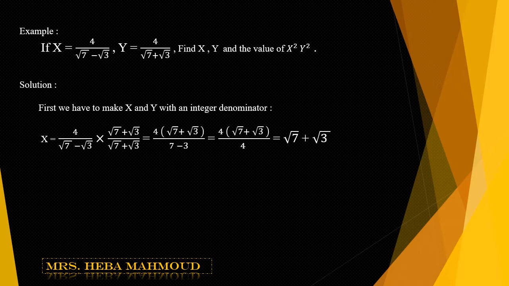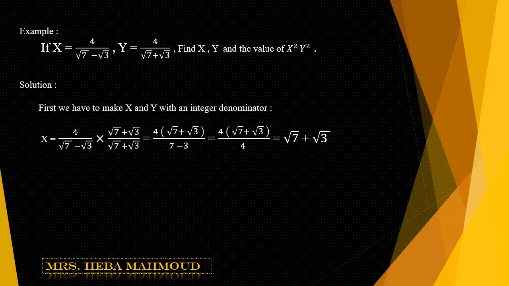So the denominator will be root 7 minus root 3, its conjugate root 7 plus root 3. So it will be times root 7 plus root 3 over root 7 plus root 3, equal 4 times root 7 plus root 3.